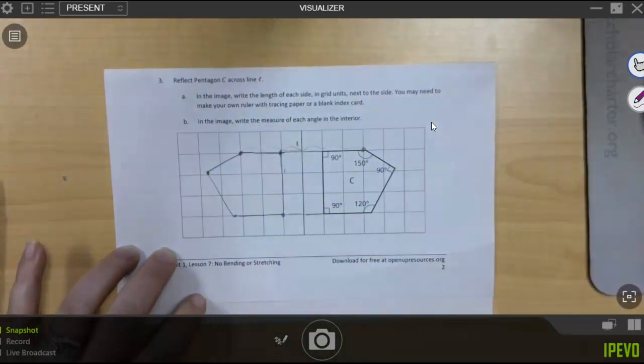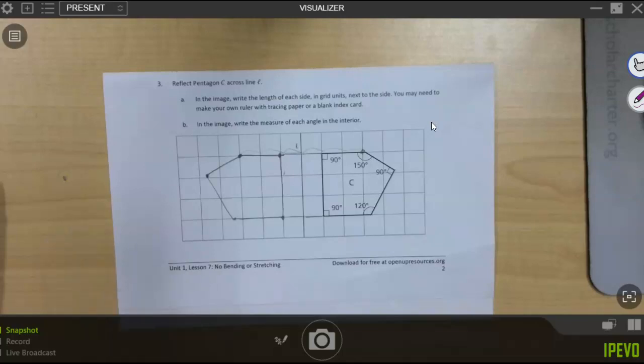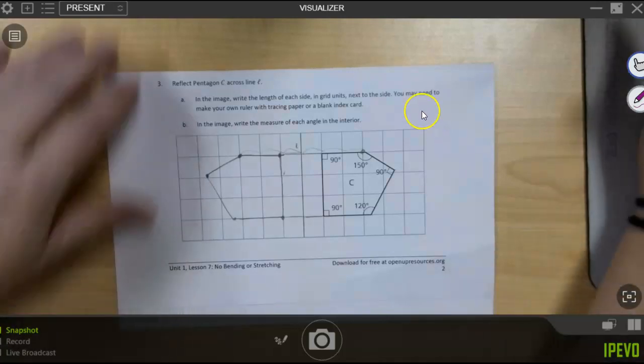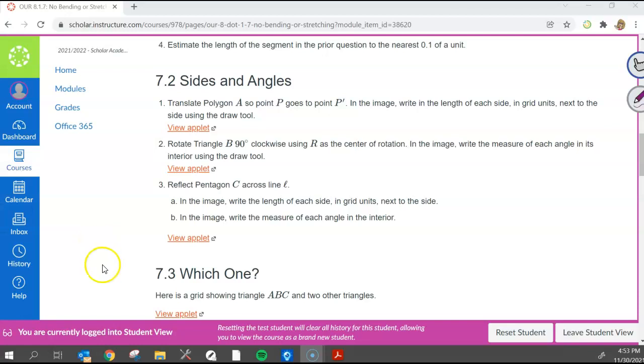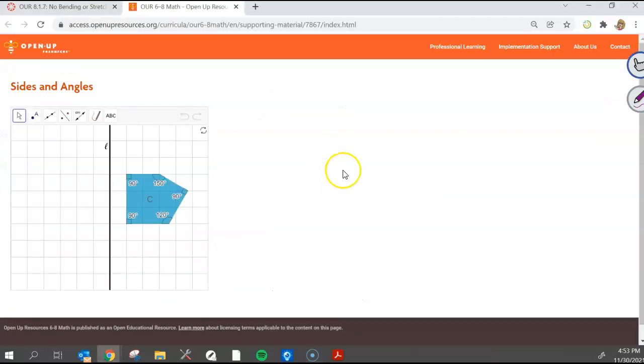Okay, what does it look like in the applet? In the applet, again, click on number 3, the applet for that reflection. And here the line is already drawn for us. So if I need to reflect this polygon, I'm going to use this tool.